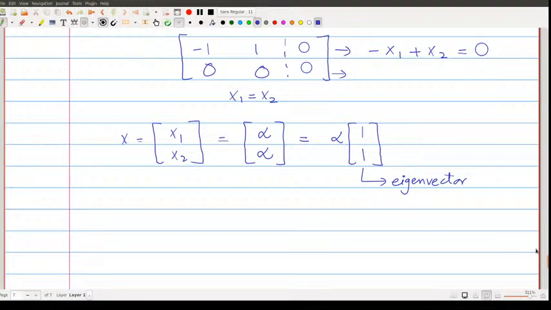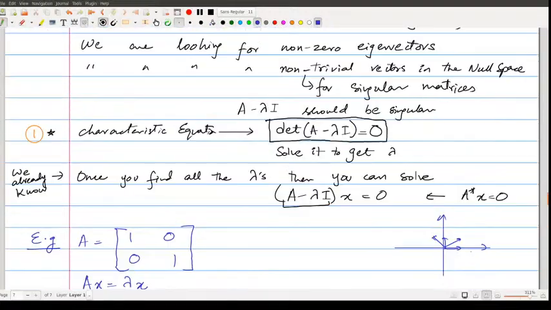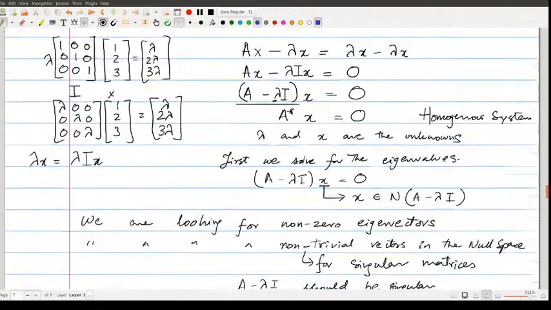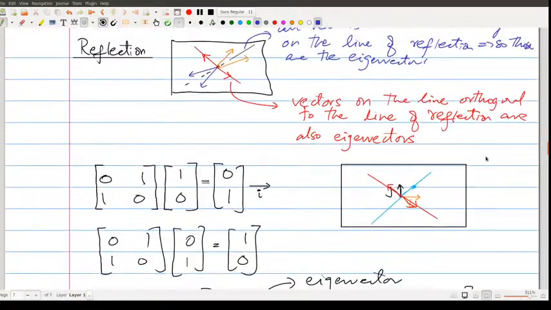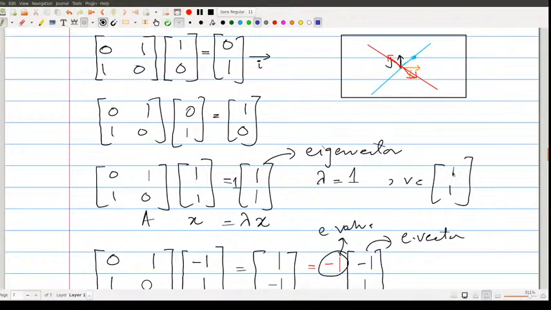So we have 1, 1, and that was exactly, I believe, what we got yesterday when we were playing around with the matrix. We tried it out and we did get eigenvalue 1 and the corresponding eigenvector 1, 1.